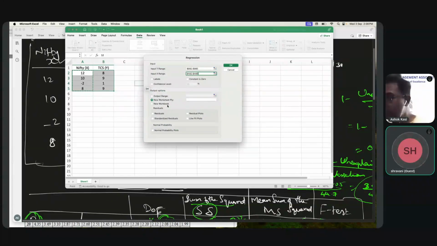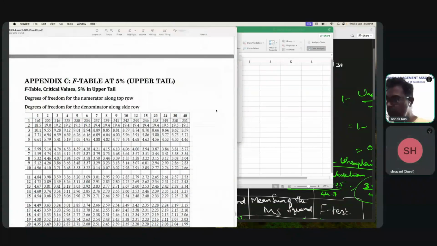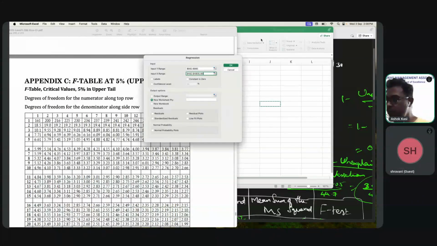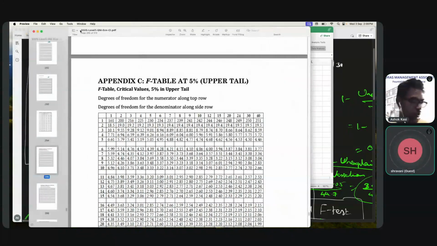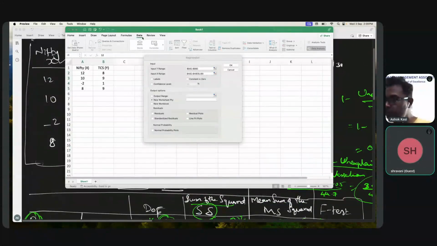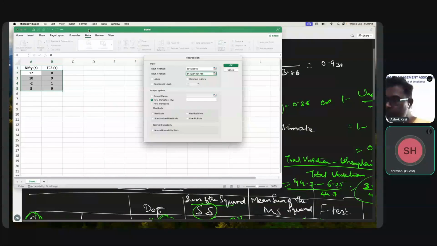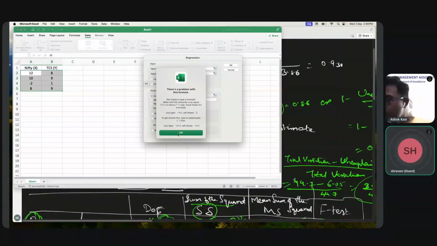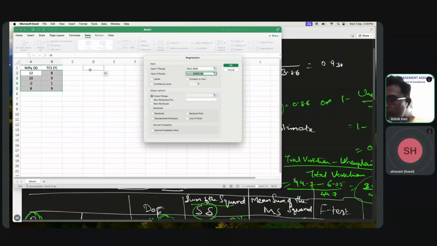If you just leave it like this, it will create a new Excel sheet and there it will show the output. If you want the output on the same page, output range, click here.